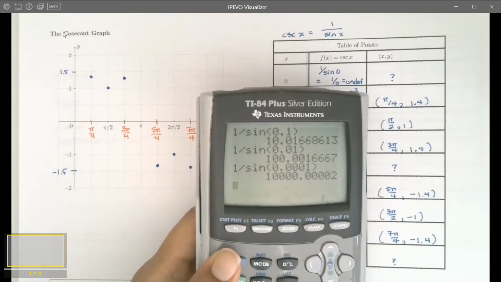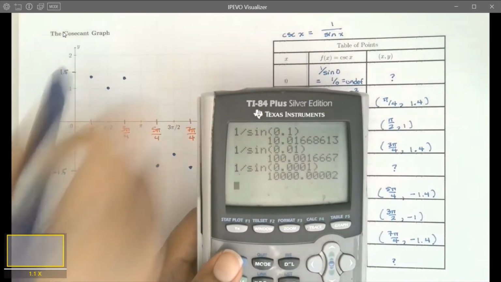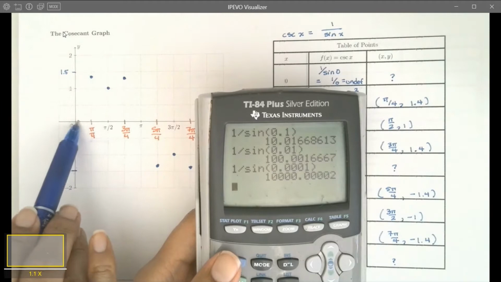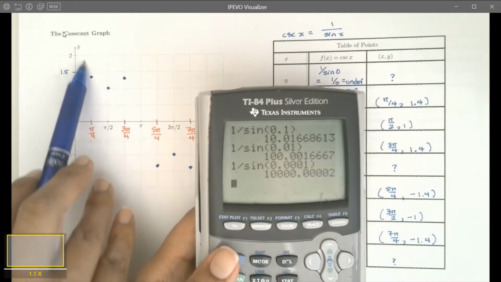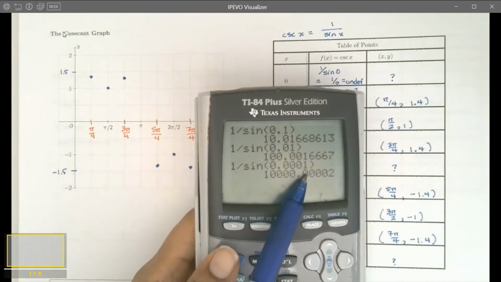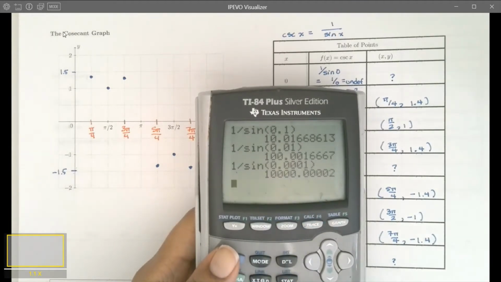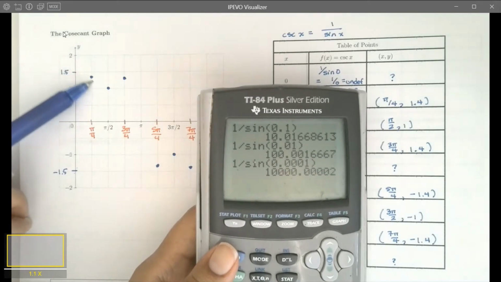So what's happening is that as we come closer and closer to 0 from the right-hand side, meaning we get something that is still greater than 0, but really close to 0, the graph shoots up because we start getting these very high numbers.